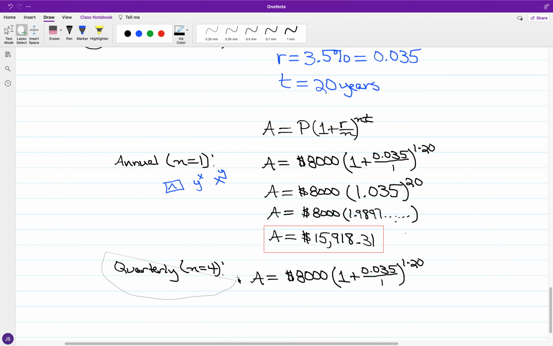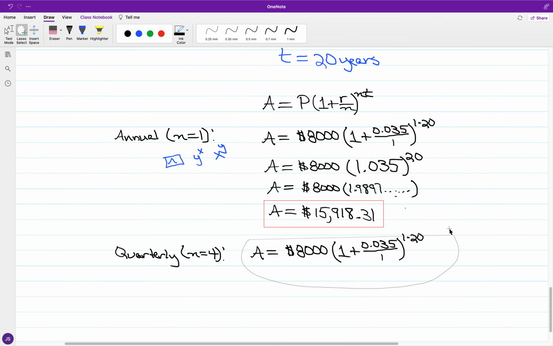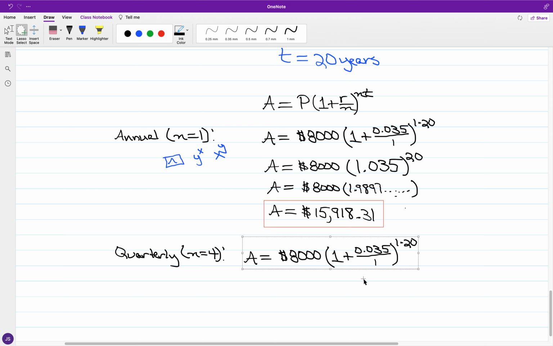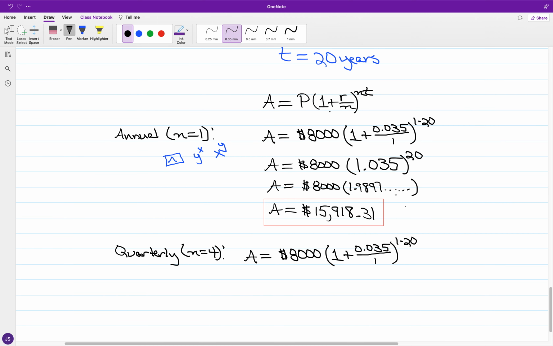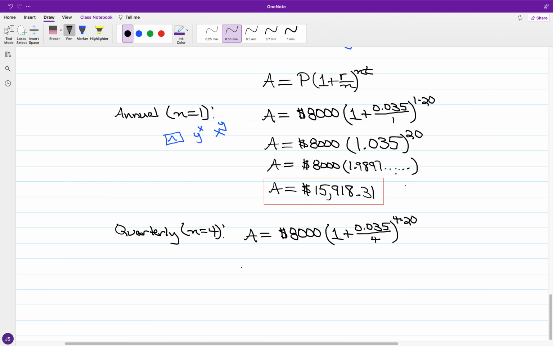With a change in the frequency, we've got the same foundational formula, and n is going to change. With annual I had 1 before. Now with quarterly, we'll have 4 for n.